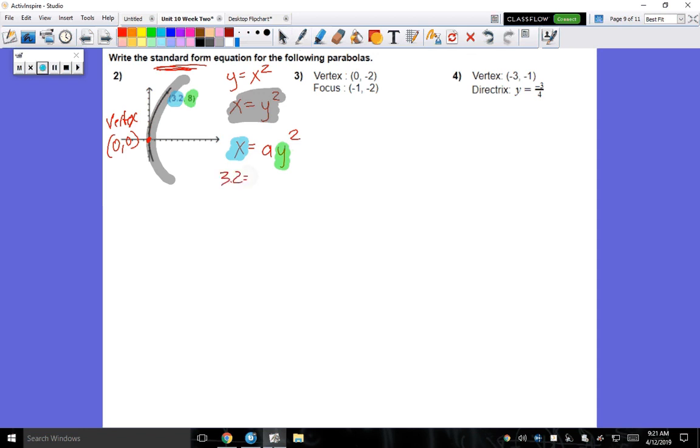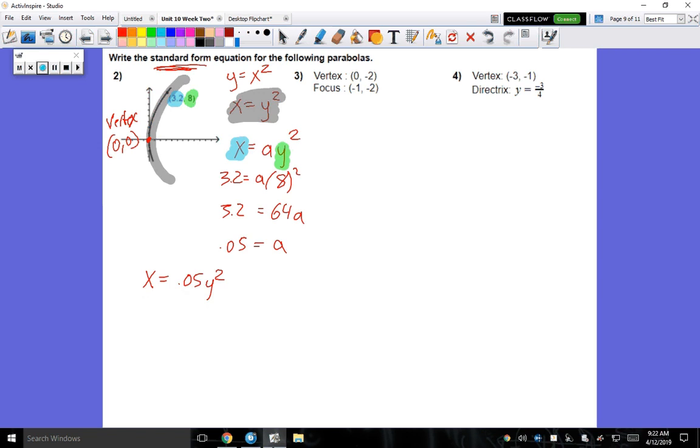So we get 3.2 is equal to a times 8 squared, which is 64a is equal to 3.2. So if we divide this out, we can use the calculator. It's going to give us 0.05 for an a value. Okay, so that means this is going to be x is equal to 0.05y squared.